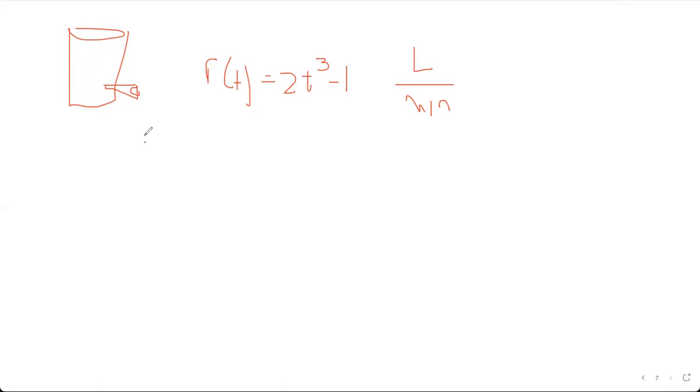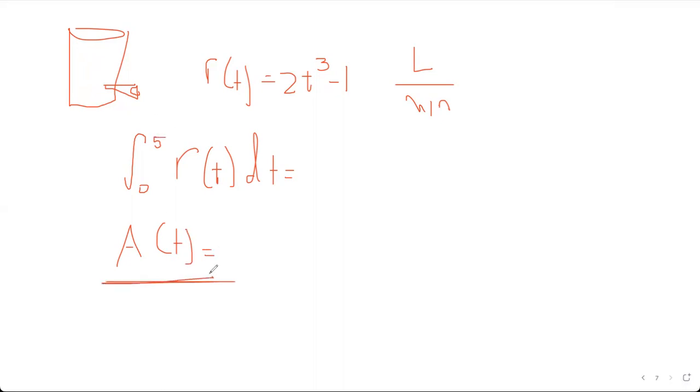So in this case, you take the definite integral from 0 to 5 of r of t dt, and let's say this is a of t, a for amount. You can technically find the indefinite integral of r of t, and that would be the function you get for the amount. But this problem is specifically asking what is the amount leaked in the first 5 minutes, not what is the function to find the amount leaked.